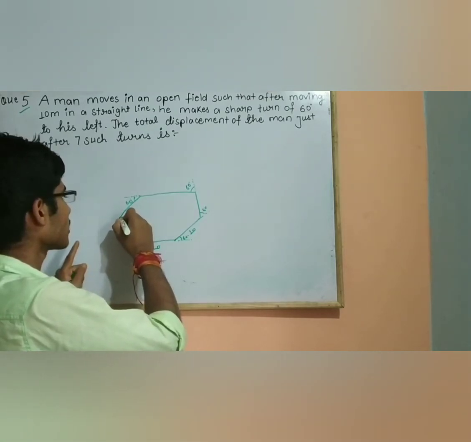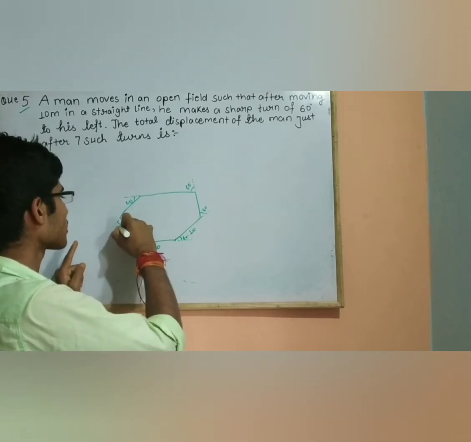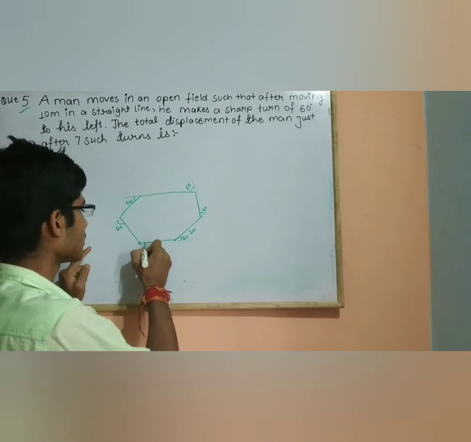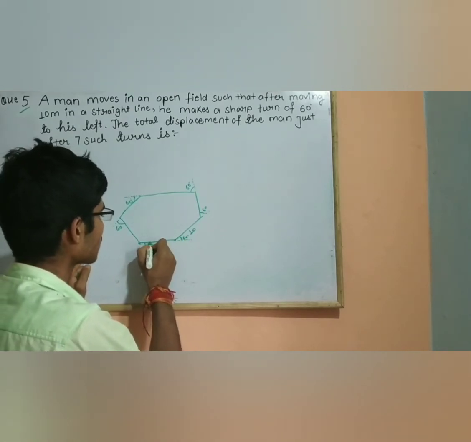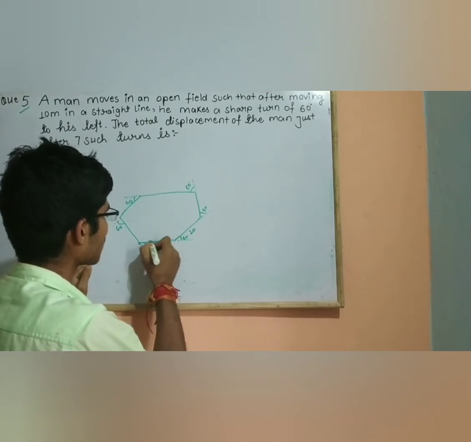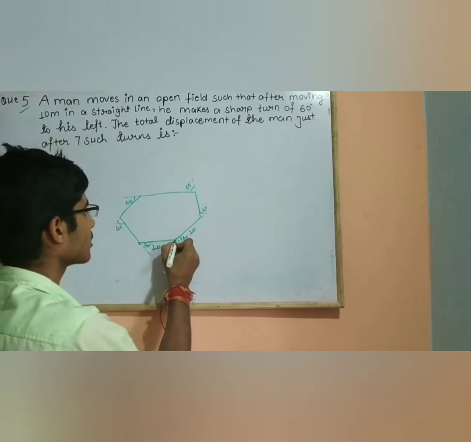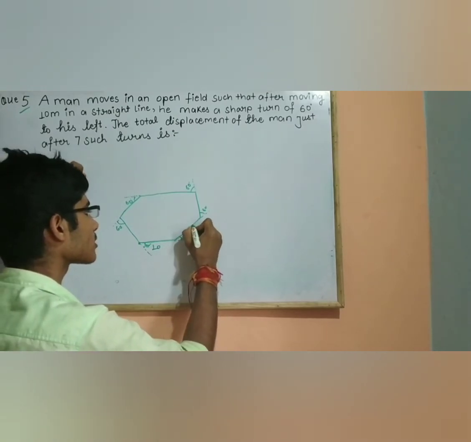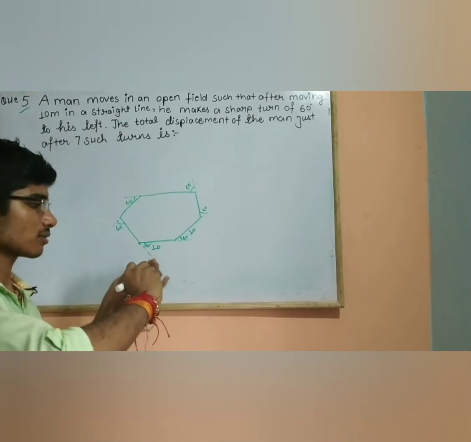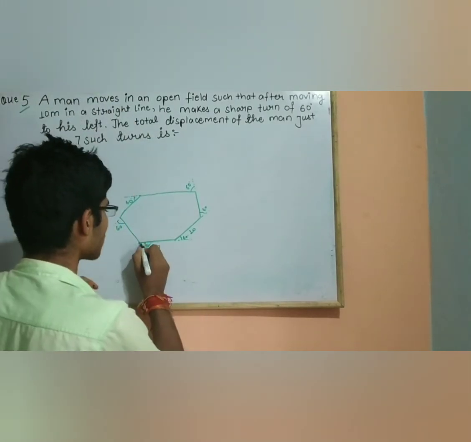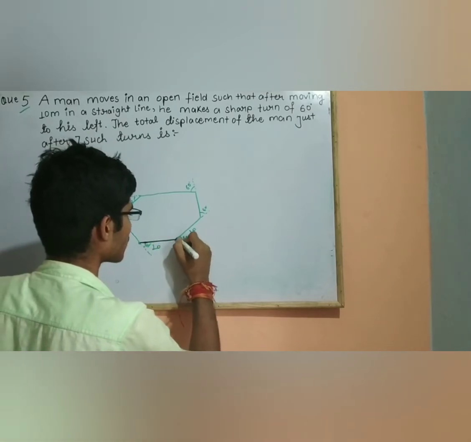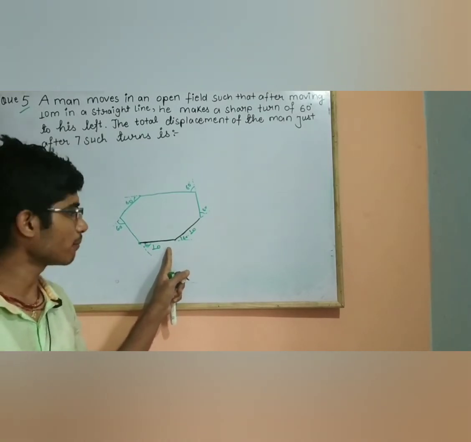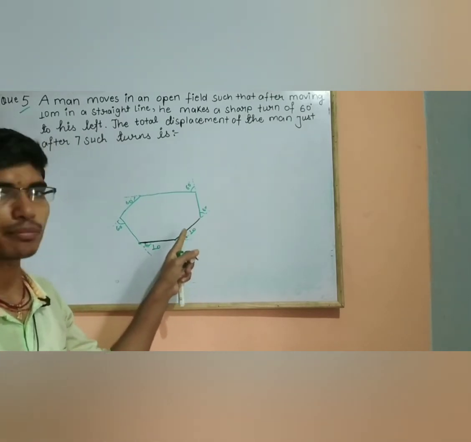Again he takes a sharp turn of 60 degrees towards his left, and then reaches his initial position, and then again he takes a turn, reaches here, and again he takes a sharp turn of 60 degrees. So the line represented by the black marker has been repeated, the path is repeated by the person.